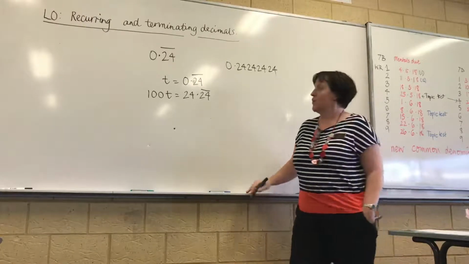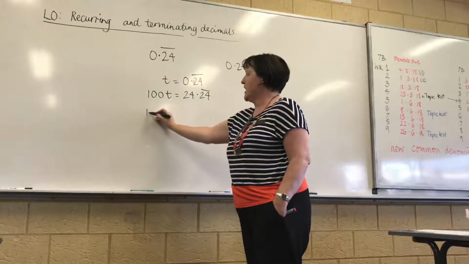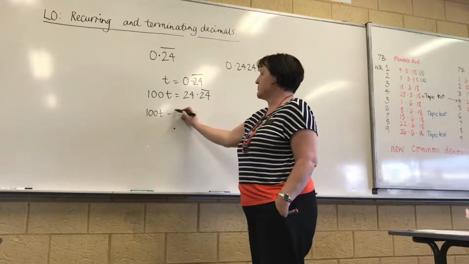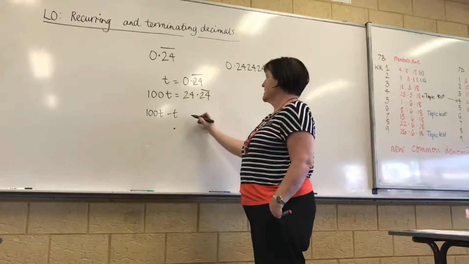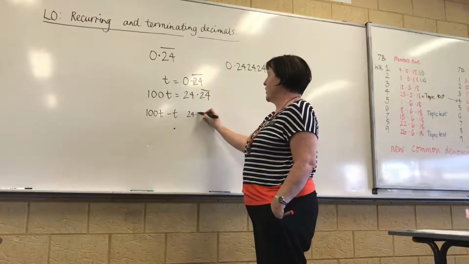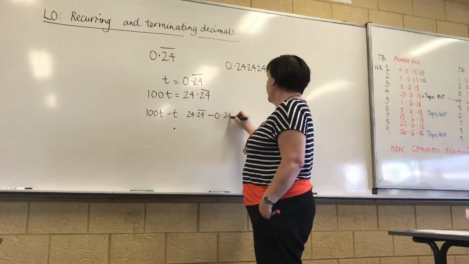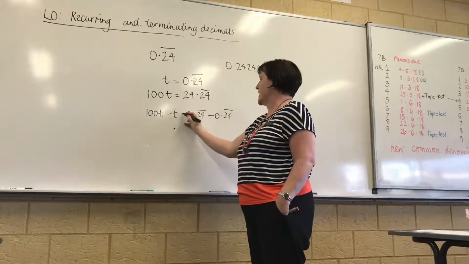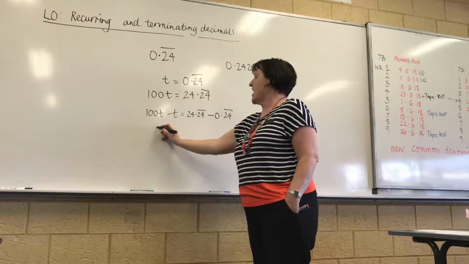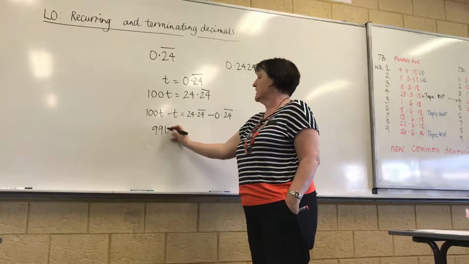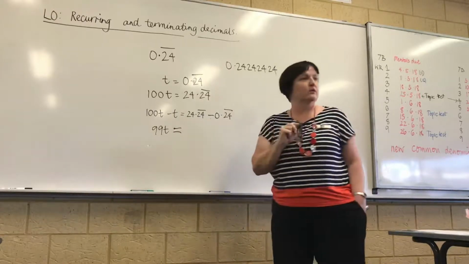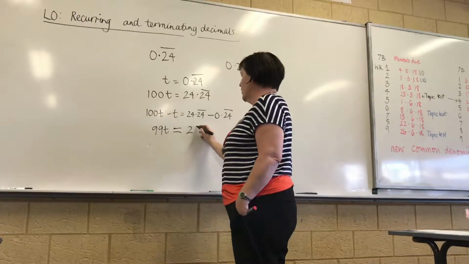Now we need to do 100t subtract t. So it's 24.24 recurring, subtract 0.24 recurring. What does that leave us with? 24. So 99t is equal to 24.